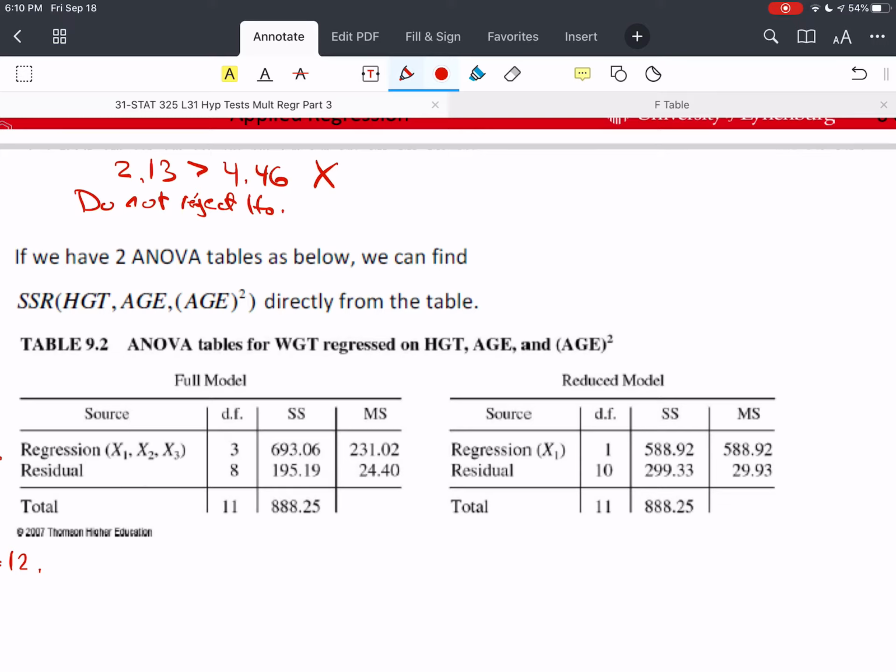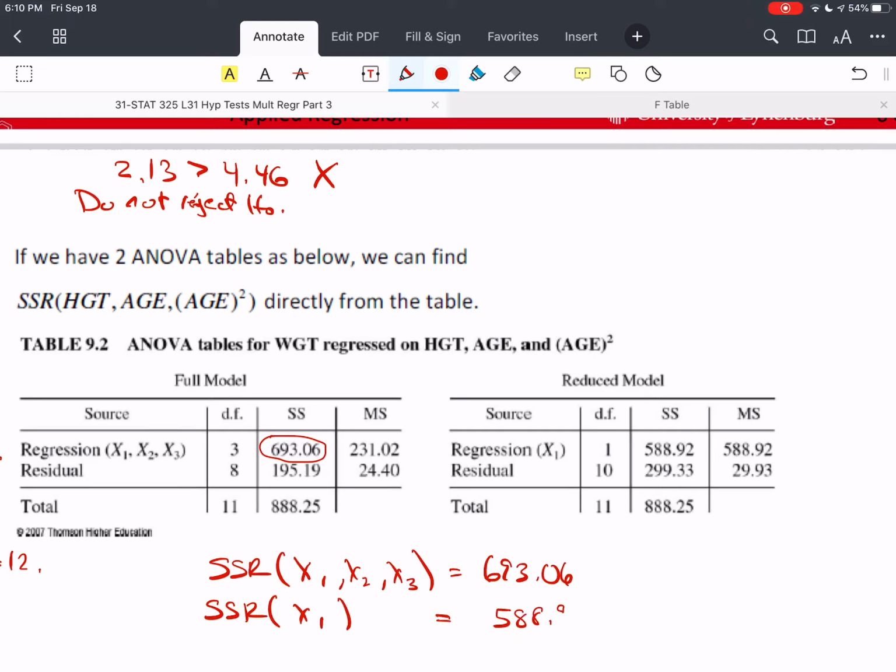Okay, so here we're looking for this SSR of height, age, and age squared. So here I have 693.06, okay? And so that is SSR of X1, X2, X3 is equal to 693.06. And then we have SSR of X1, which is our reduced, is equal to 588.92.